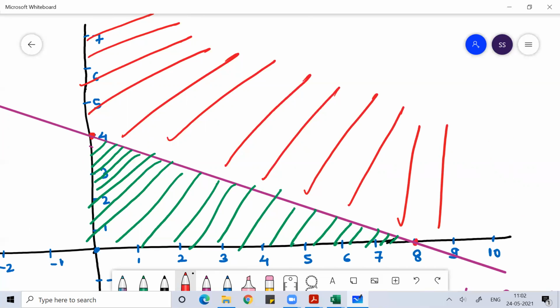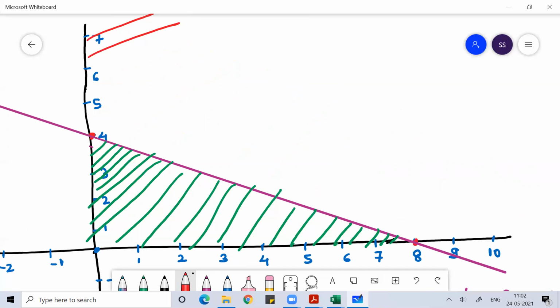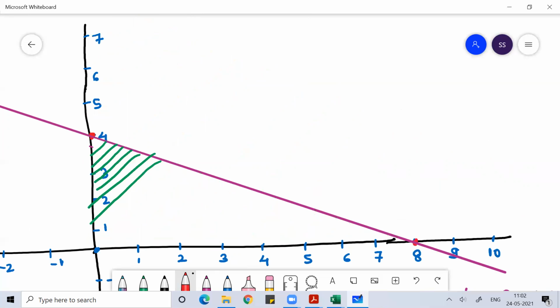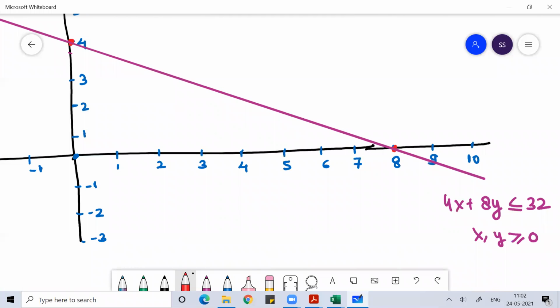I hope you understand it. So just keep this in your mind for the time being. So what area am I considering? I'm considering the area below this line. So for the first equation, I'm considering the area below this line.